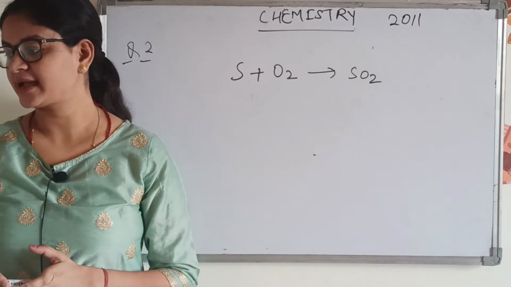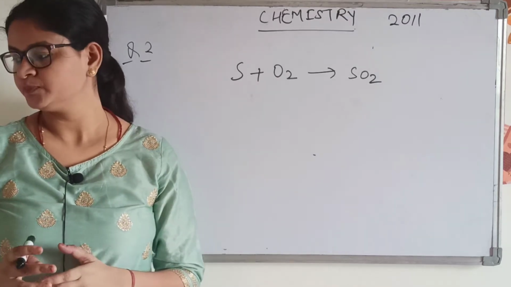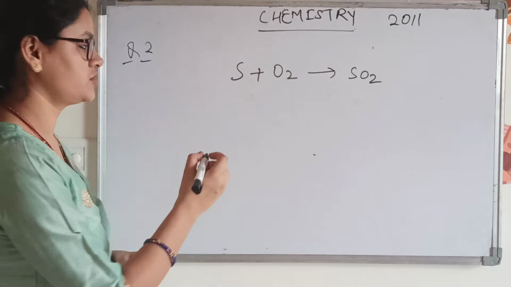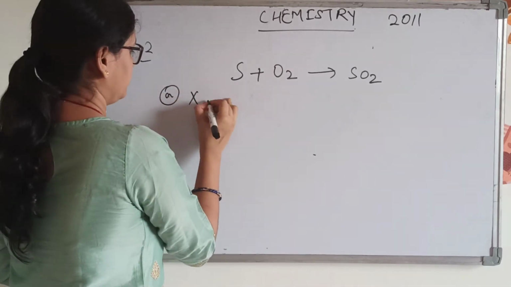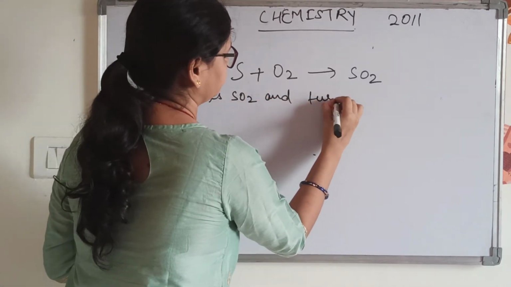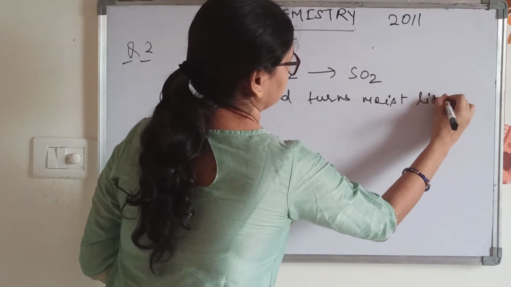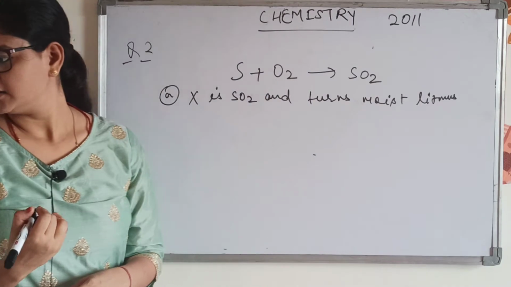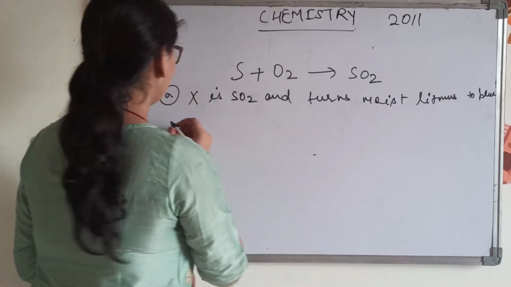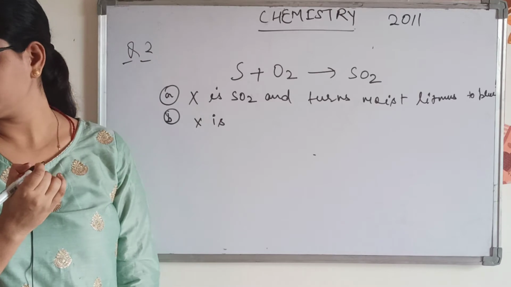The options: X is SO2 and turns moist litmus to blue.